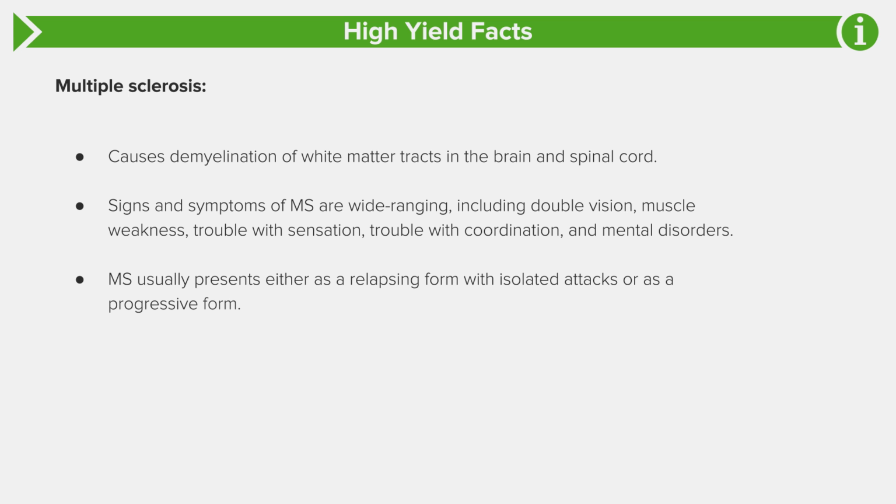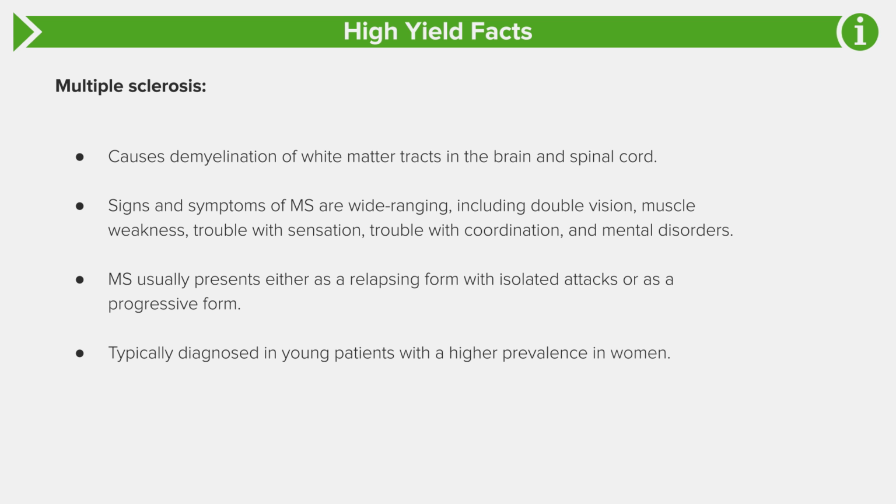MS usually has what we call the relapsing and remitting form, in which patients have isolated attacks that are worse and then get a bit better. Another form, less common, is called the progressive form, in which patients just continuously get worse and worse. They don't have these acute flares.